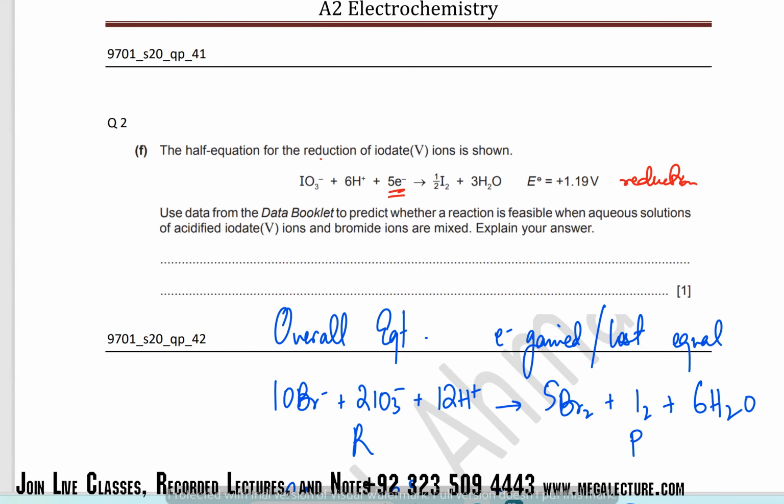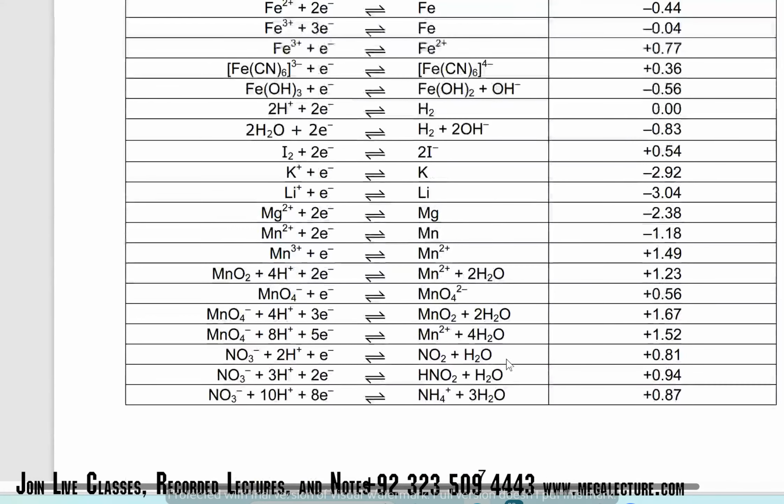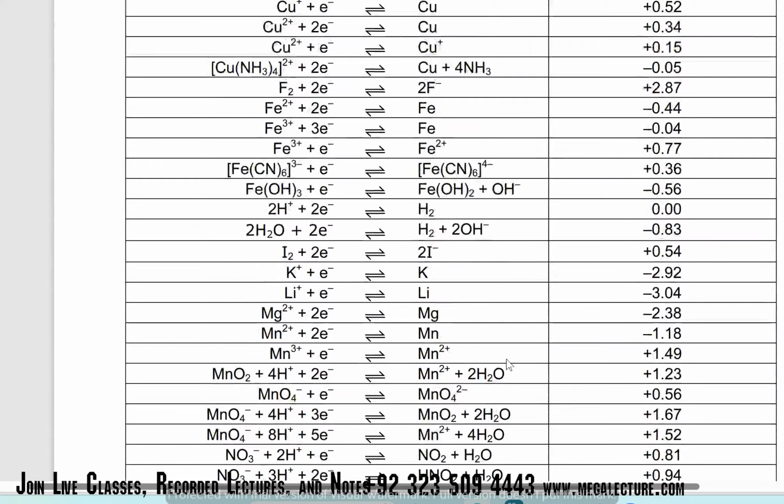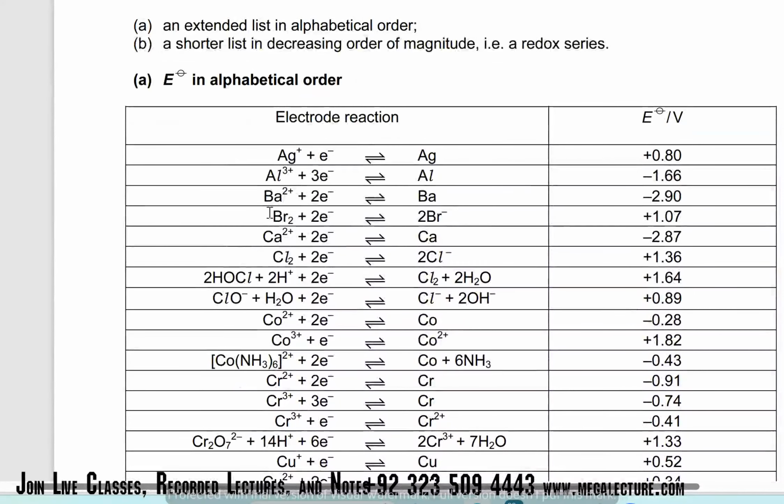So I'm going to go and look for the equation for bromide. I'm going to see what possible reactions bromide can undergo. So bromide का ना एक ही होगा. That's the only one where Br minus 1 is involved. ठीक है? The bottom one, this one.